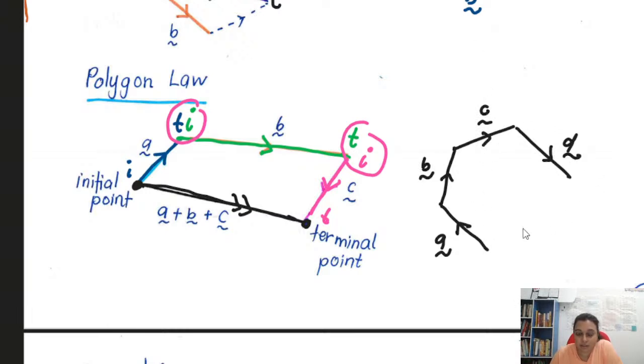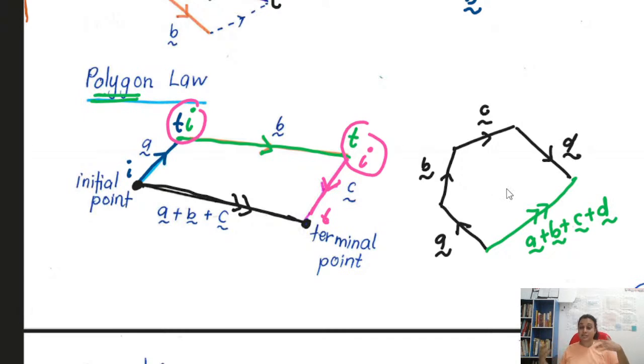So macam mana nak connect dia punya A plus B plus C plus D? The connection will be here lah. This one polygon, dia bergantung pada soalan. Depend on the question. Sometimes they give 3, sometimes 4, 5, 6. It depends. Okay, finish.